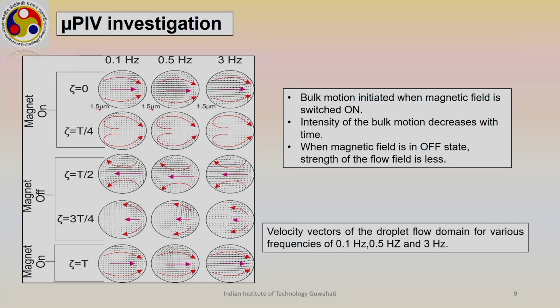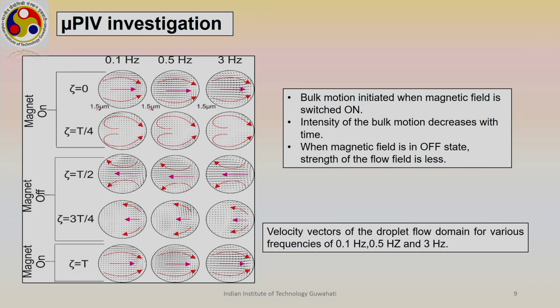Here we have considered 3 different frequencies, and these are good enough to obtain the physics and the insights about this method. When the magnet is on, that is tau equal to 0 plus, particles are trying to move towards the periphery which is very close to the magnet. The red arrows show the velocity vector, and the particles are moving towards the magnet.